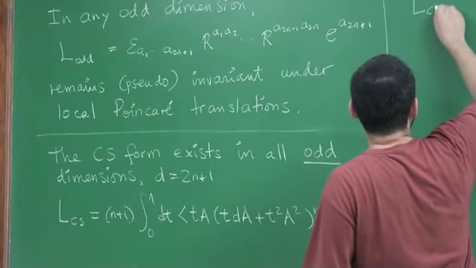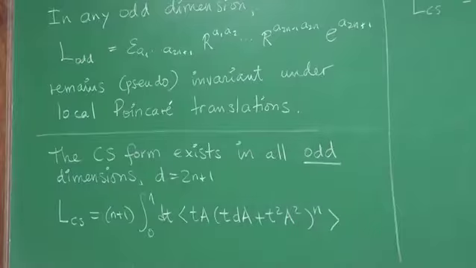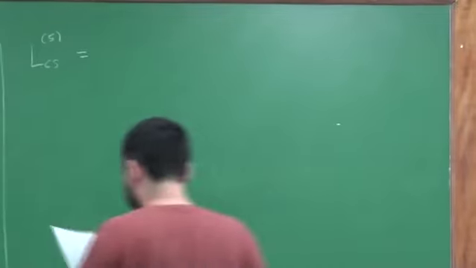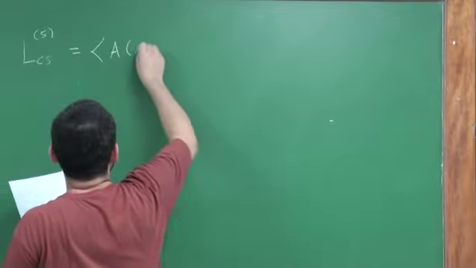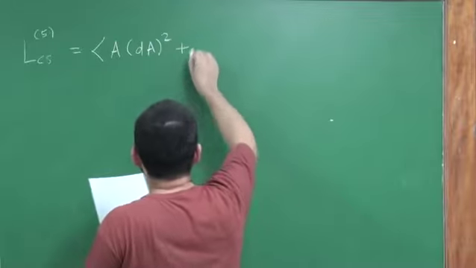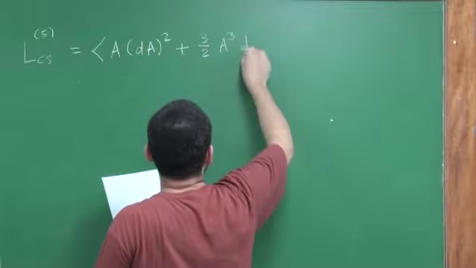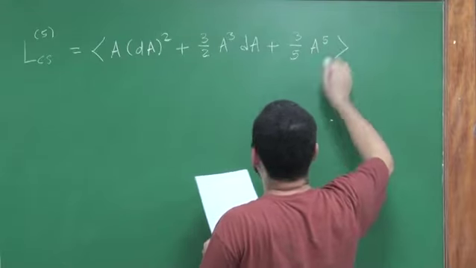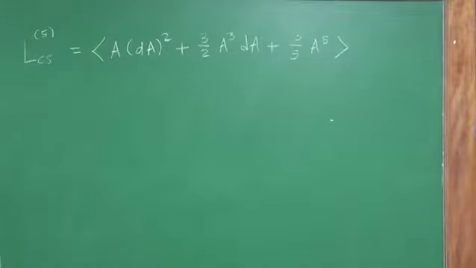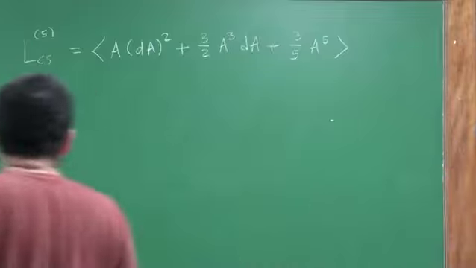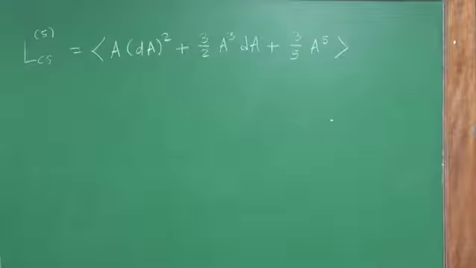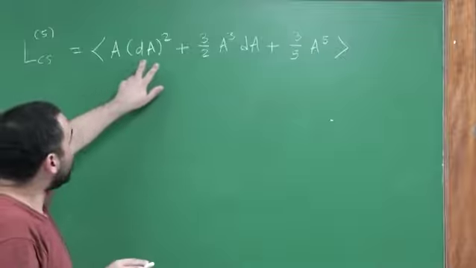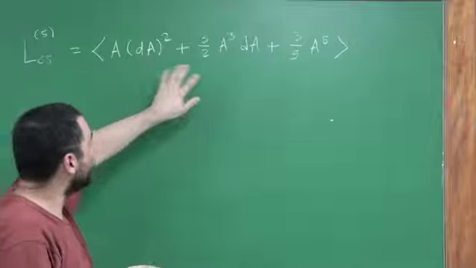For instance, in 5 dimensions, it's a very special combination of powers of the gauge field and the exterior derivative of the gauge field with these fixed coefficients.